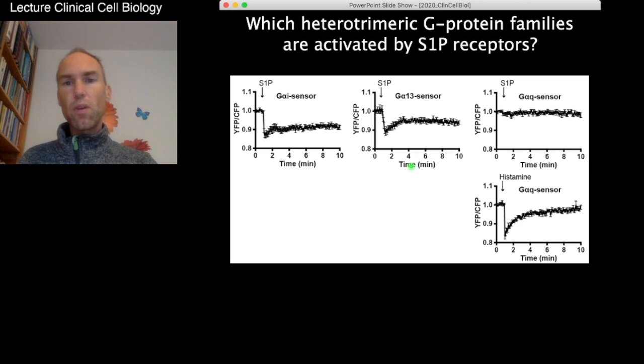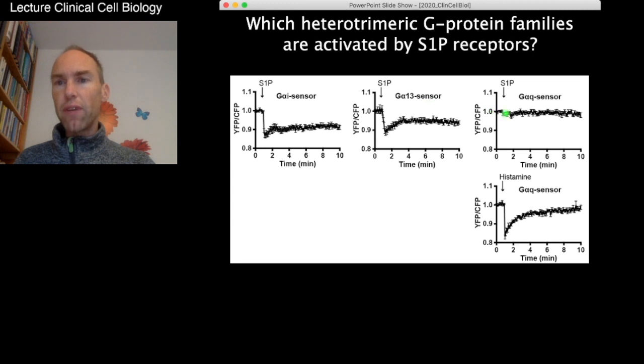So first we took our probes that can measure all the heterotrimeric G protein activities and checked whether they were activated by sphingosine 1-phosphate. You get these typical curves with baselines, we add something and then we look at the reaction. In this left graph we see the response of the G-alpha I sensor, which clearly responds to sphingosine 1-phosphate. Here we have a G-alpha 13 sensor that also responds.